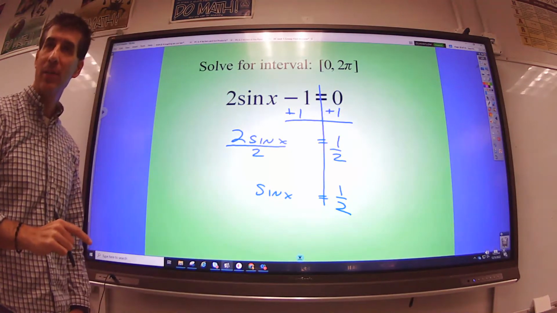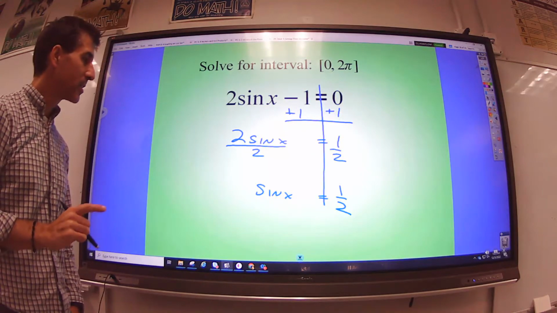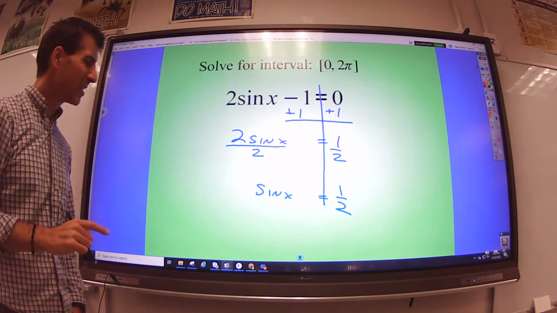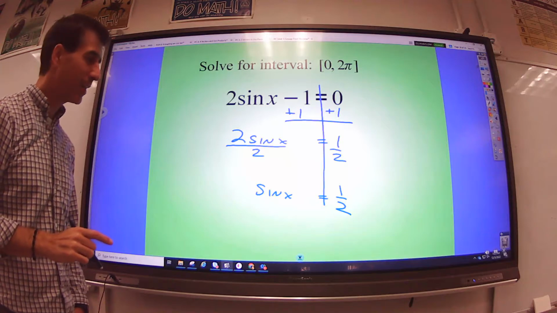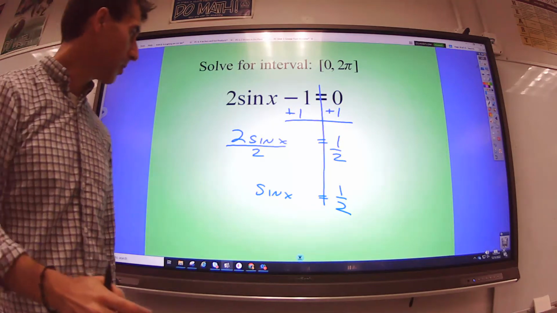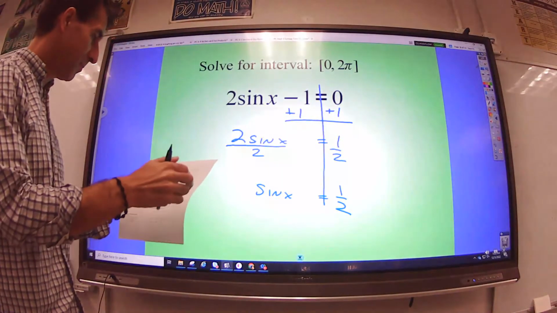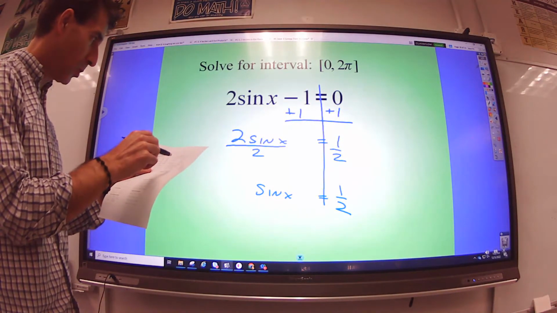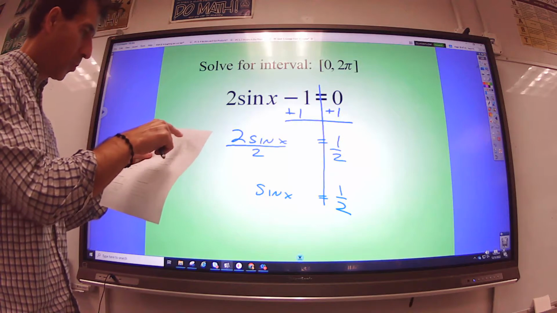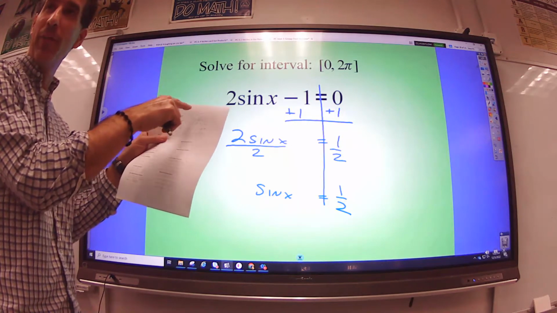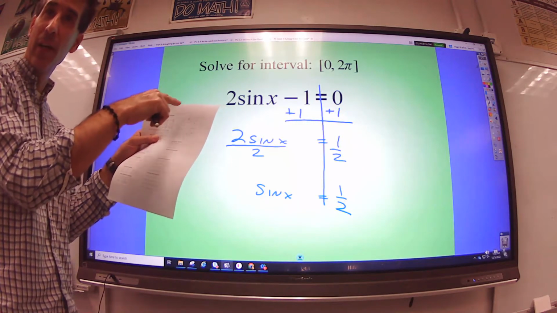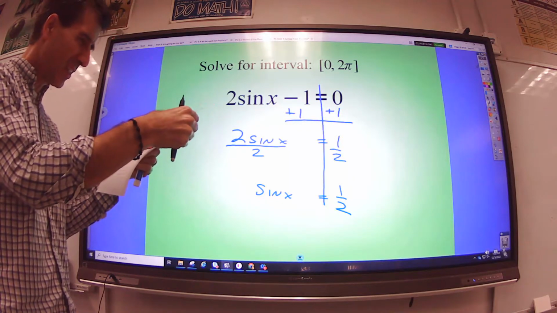To figure out what that is, remember, sine is y. Cosine is x. So you look at your unit circle, where does sine of x equal 1/2? You look for 1/2 in the unit circle for the y, right? Where do you guys see that?